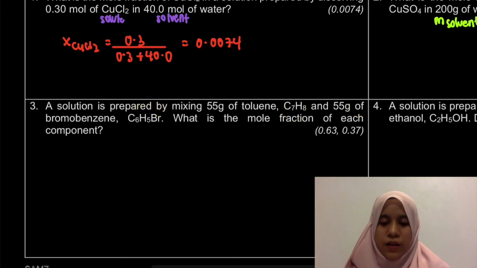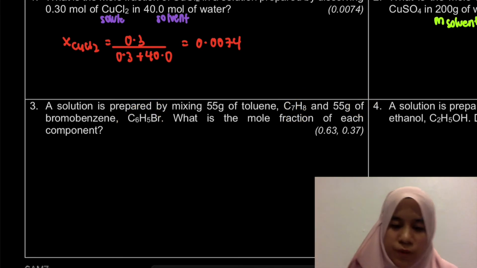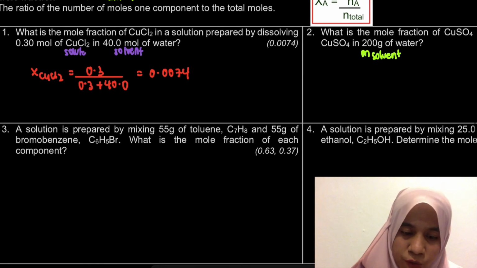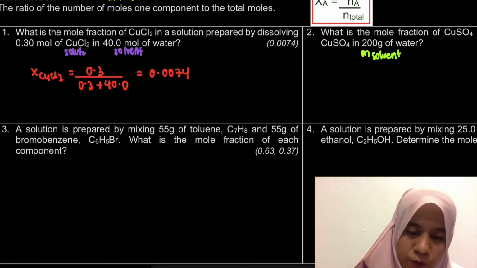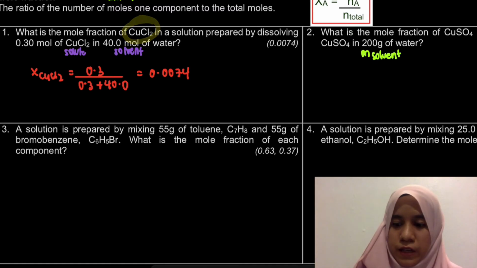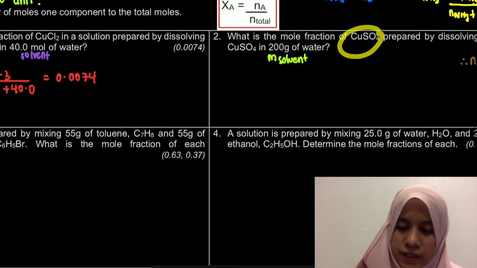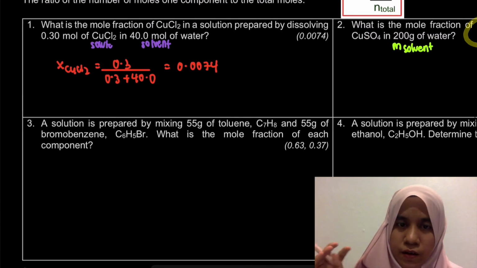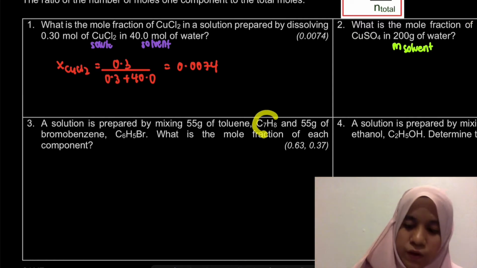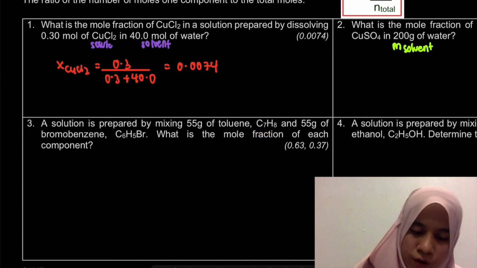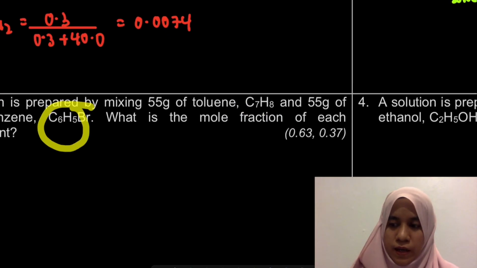So kita kena carilah. Okay, tapi dalam case where previously they ask you to find only the mole fraction of our CuSO4 sahaja, in this case we're gonna find out each of the mole fractions. We have to find out the number of mole of bromobenzene as well.